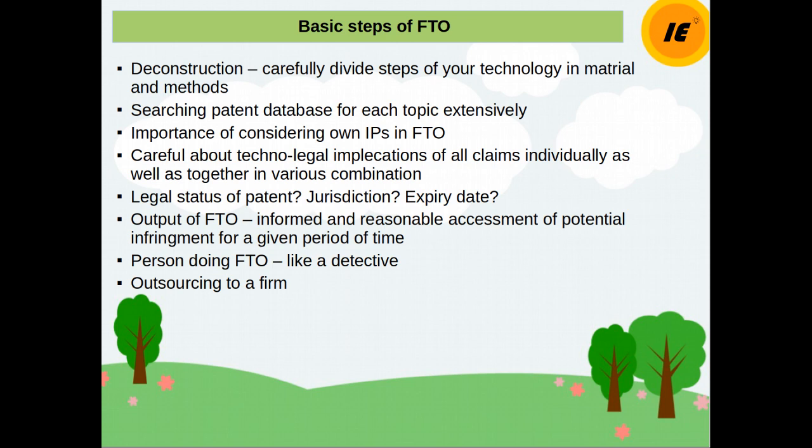And various other things: legal status of the patent, whether the patent is pending, whether it is already published or something like that. I'm still learning about this, so I don't know too much, but I think these are going to be important. Jurisdiction, that means which region the patent is meaningful in. Like, there is a US patent, and then European patent, Japanese patent, Indian patent.